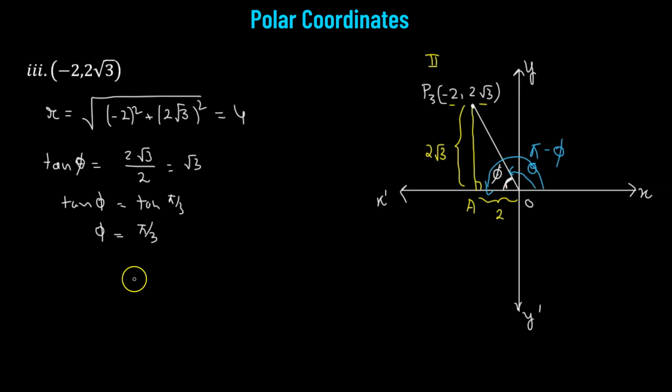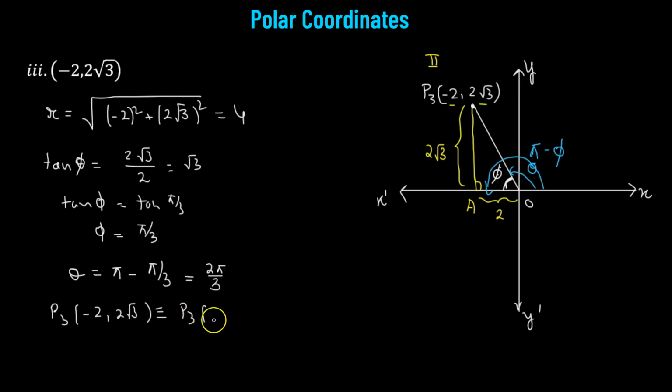So all you have to do is take pi and subtract pi over 3. So this is going to be 2 pi over 3 radians. So we have successfully found the angle theta as well. So finally P3 in its Cartesian form, (-2, 2√3), corresponds to its polar equivalent (4, 2 pi over 3 radians).